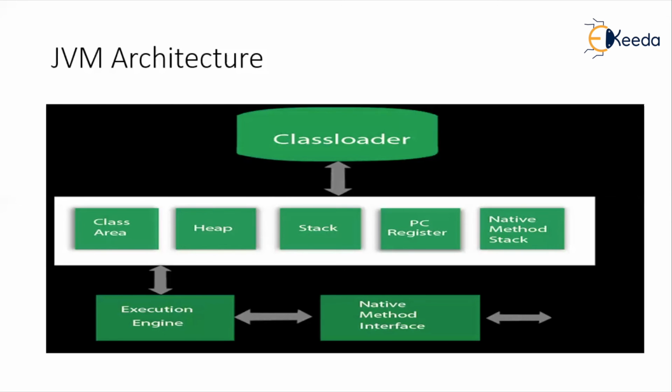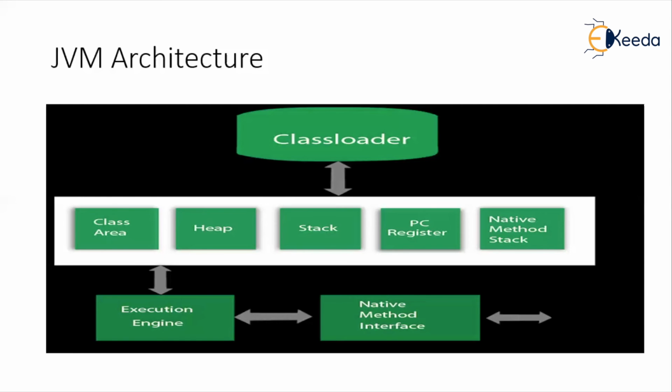The execution engine also holds the just-in-time compiler, which is also termed as JIT. Now, what is the use of this JIT? It is basically used for improving the performance of the application.